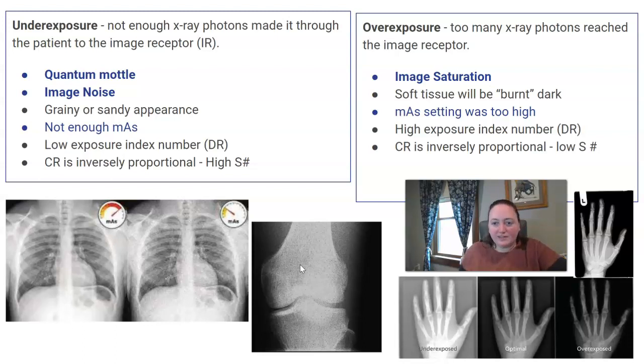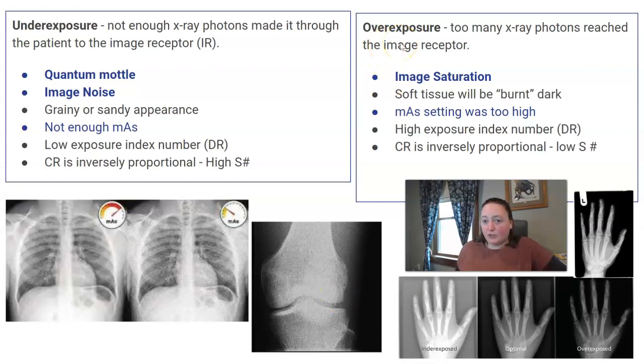Most often, it's because you didn't use enough mAs, because our kVPs are pretty much set, but if you really use the wrong kVp, and you're way too low, you use 50 and you're supposed to be at 80, then definitely that would come into play. The majority of the time, our mAs is really our main factor here for quantum mottle, but not enough X-ray photons. Okay, your exposure index number or your EI number would be low. If you're using CR, that S number, remember, is inverse, a little bit backwards.